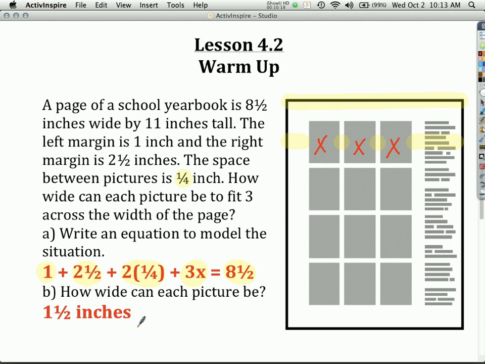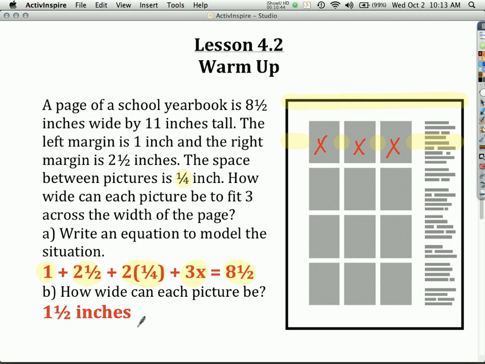Does anyone have any questions or comments? Catalina? I feel like I did my equation right, but I didn't get the answer. Okay, so what was your equation? In parentheses, I put 8 and 1/2 minus 2 and 1/2, and then minus 1 equals 1/2 plus 3x. So is there an equal sign in there?